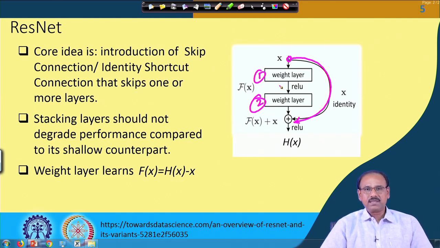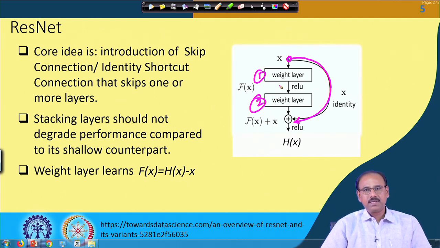It is believed that stacking of layers should not degrade the performance when compared with its shallow counterpart, because we discussed in the previous class that in many cases it has been found experimentally that a deep neural network, which is believed to give better performance than a shallow network for the same job, does not always do so, and this happens because of the vanishing gradient problem.